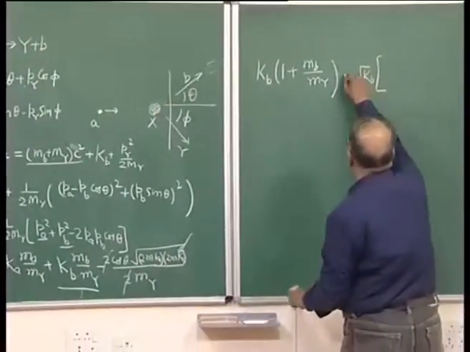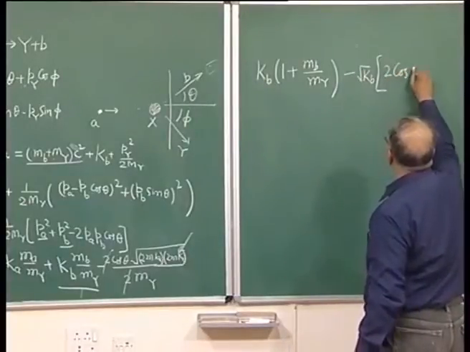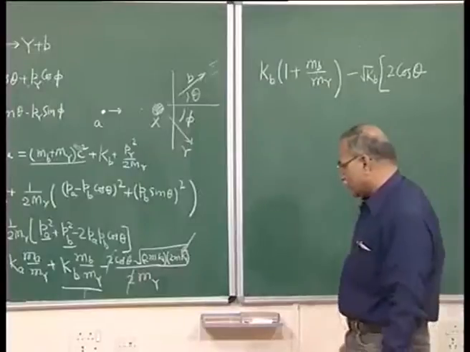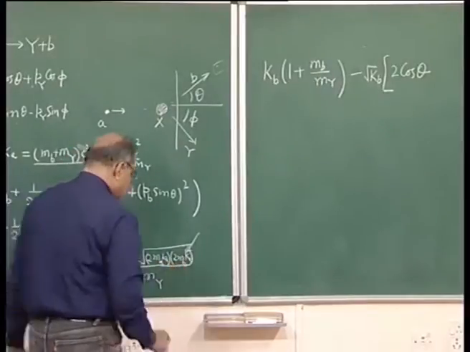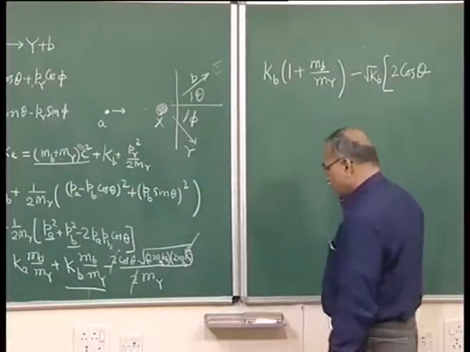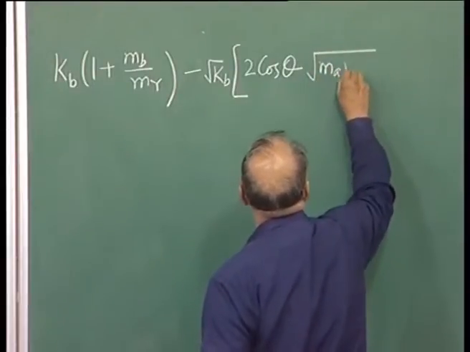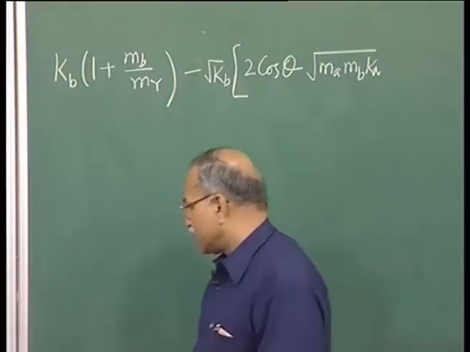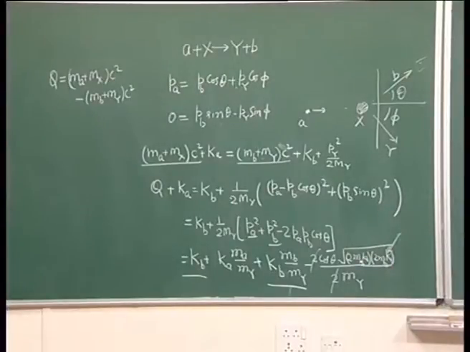So, put minus here and then it is 2 cos theta, and which m is this? This is ma and this is mb. So, square root of ma mb Ka, square root of ma mb and Ka. So, I have written this 2 ma Ka 2 mb, all these things I have written, and divided by my.